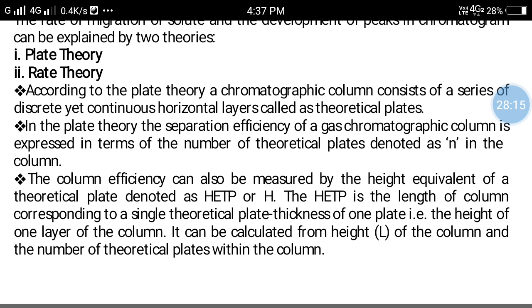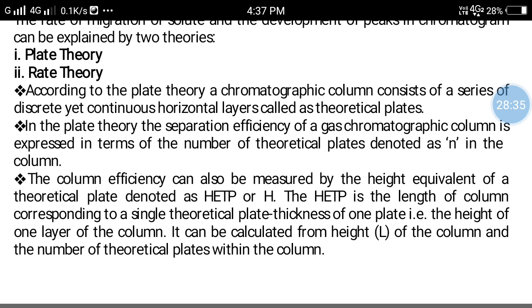The column efficiency can also be measured by the height equivalent of the theoretical plate, denoted as HETP or capital H. The HETP is the length of column corresponding to a single theoretical plate, the thickness of one plate, that is the height of one layer of the column.